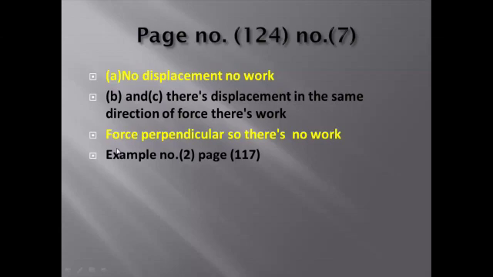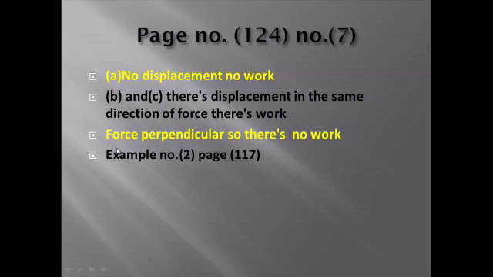And the boy: calculate the work done by a boy to lift a bucket of the same mass through a displacement of 10 centimeter. Take care, 10 centimeter divided by 100 to convert it into meter, in the vertical direction. So the force will be up and the displacement will be up, both of them in the same direction.